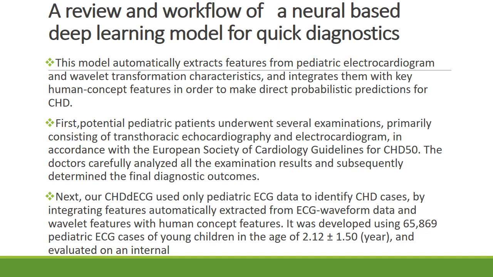Then the next phase used only pediatric ECG data to identify CHD cases by integrating features automatically extracted from ECG wave data and wavelet features with human features. We are using young children whose age was between 2.12 and 1.5, since they are mainly the key group being affected by this.